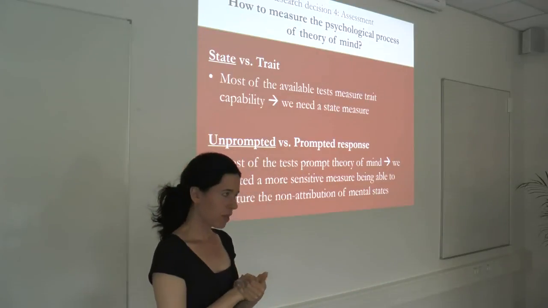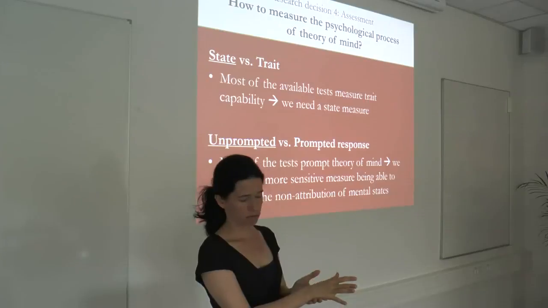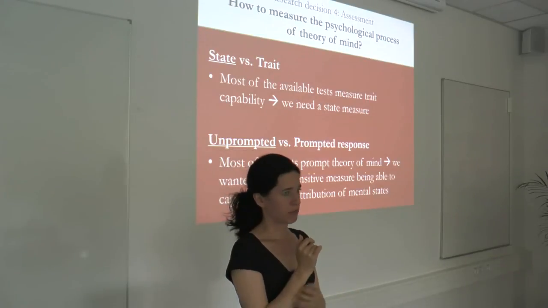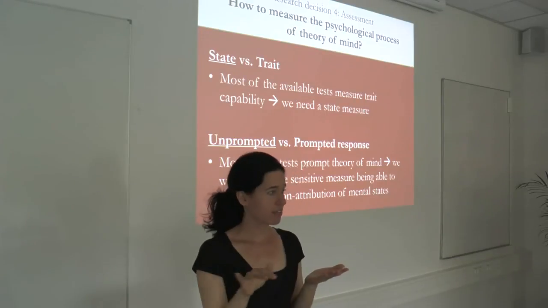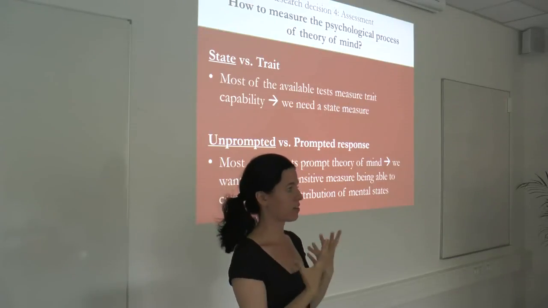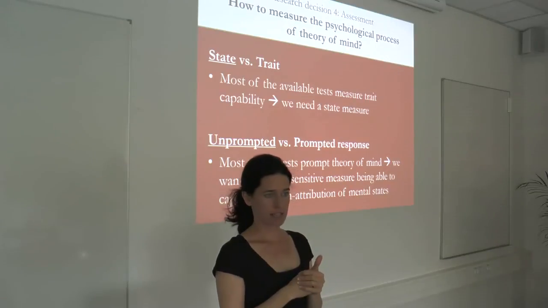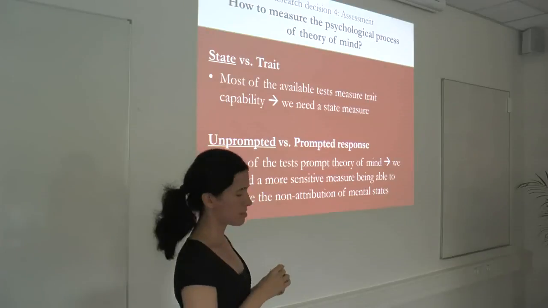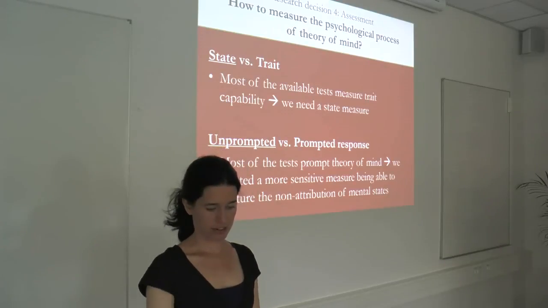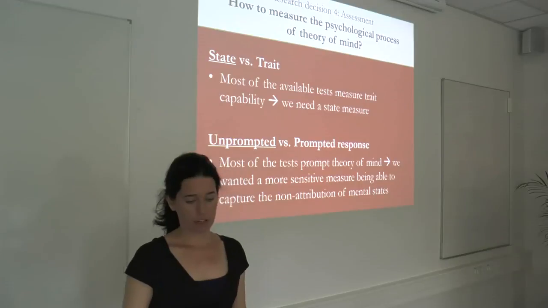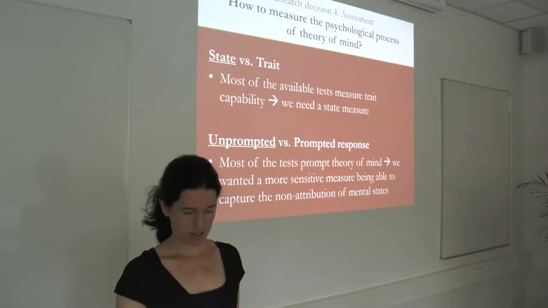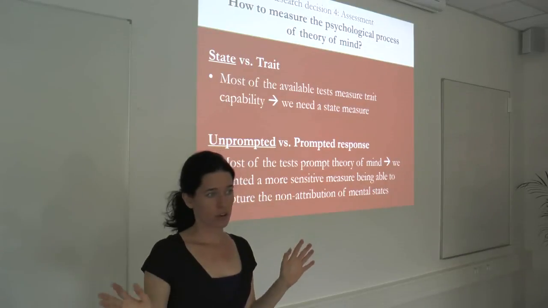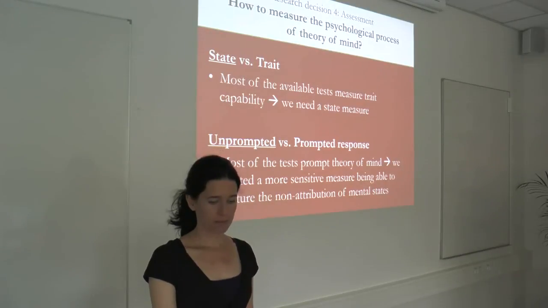Based on previous research in attachment studies, we already know that many people have a zero level of theory of mind, meaning a lack of attribution of mental states. So we really wanted to capture the variance in this regard, and we wanted a more sensitive measure. That's why I use the qualitative measure, leaving the whole thing very open.